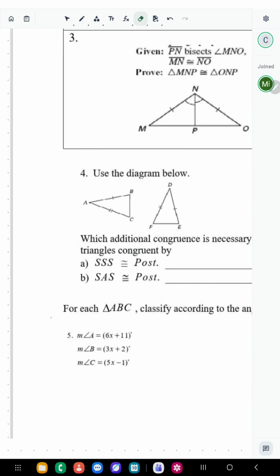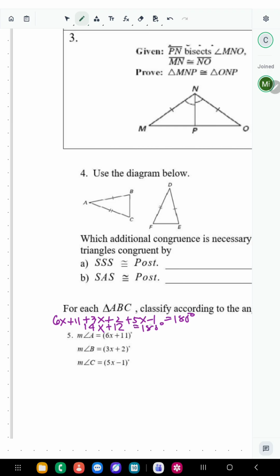So that is 6x plus 11 plus 3x plus 2 plus 5x minus 1 equals 180 degrees. Then 6 plus 3 plus 5 is 14x. 11 plus 2 is 13, minus 1 is 12.